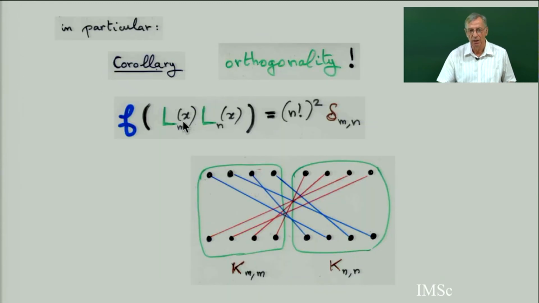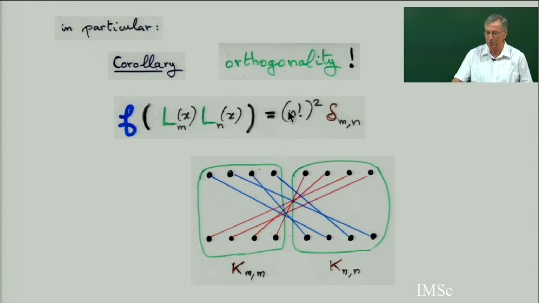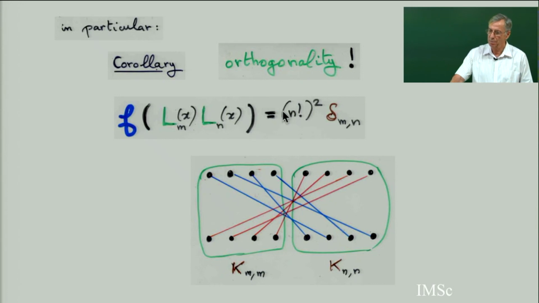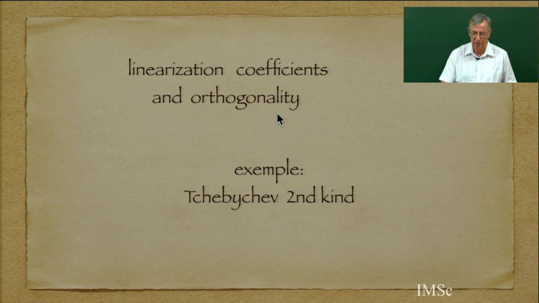And as a corollary, if you have f of L_m L_n, then it's 0 if m is not equal to n, and if m equals n, with the Kronecker symbol, you can prove that this is n factorial squared. So this proof is typical of the proofs we will see in this class.